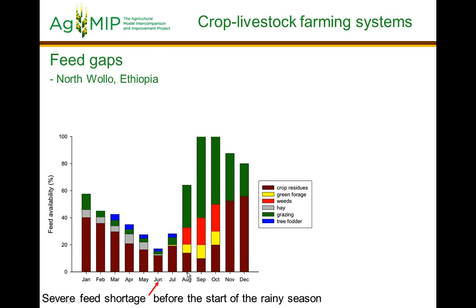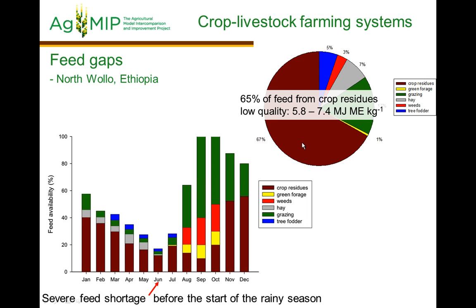Let's move then to feed gaps. I have two graphs to illustrate feed gaps. One comes from Ethiopia, where there are severe shortages, especially before the start of the rainy season. And that is not specific to Ethiopia. It is something that is quite common throughout sub-Saharan Africa.